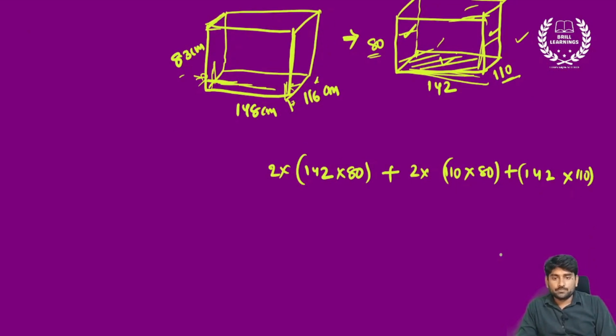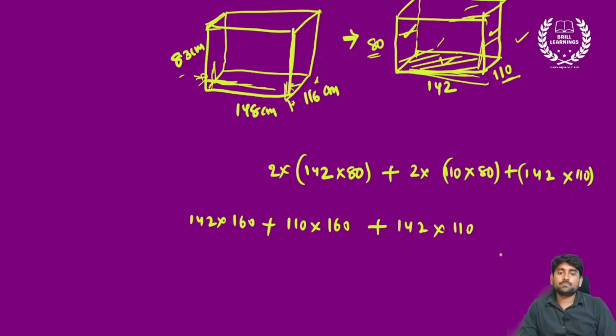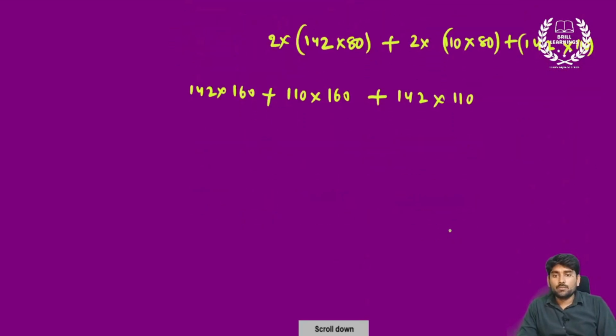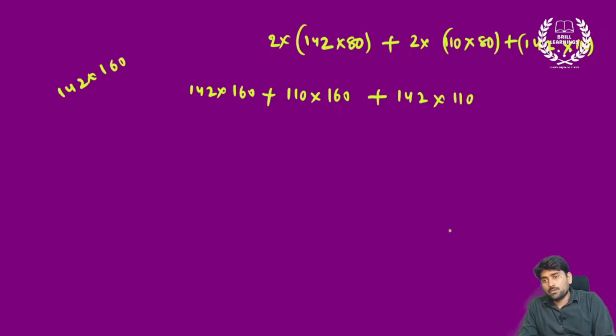If I add all these values, 142 into 160 plus 110 into 160, plus 142 into 110. Multiply, solve these out, simplify these values.